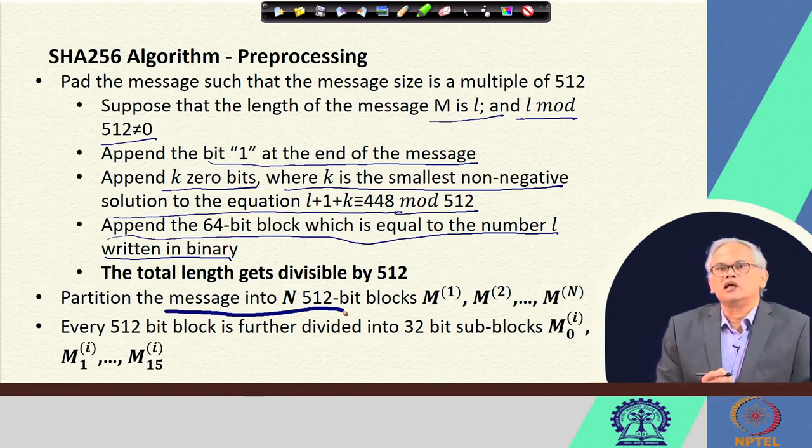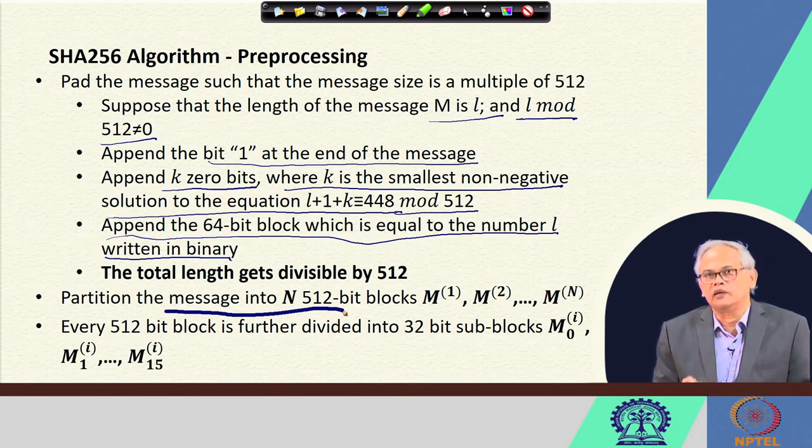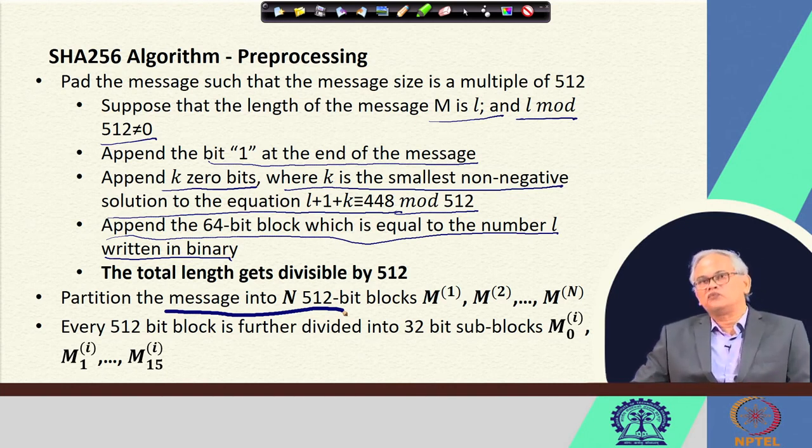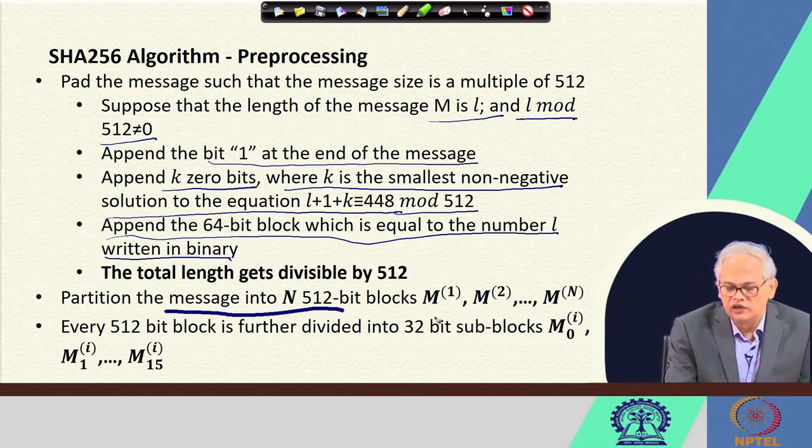Okay. So, say the length is now 1024, then we can partition the message into two 512 bit blocks, and we call them, say, M1 and M2. If instead of 1024 the length is 2048, then we will partition this message into four 512 bit blocks, and we will call them M1, M2, M3 and M4.